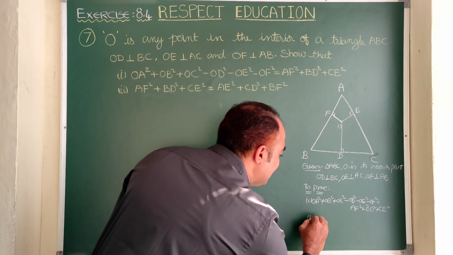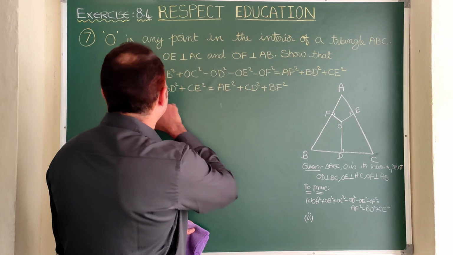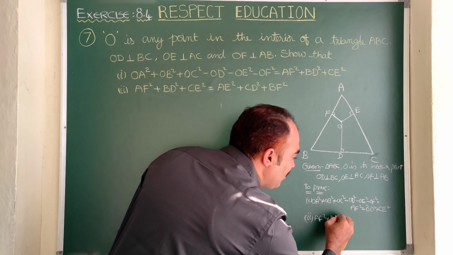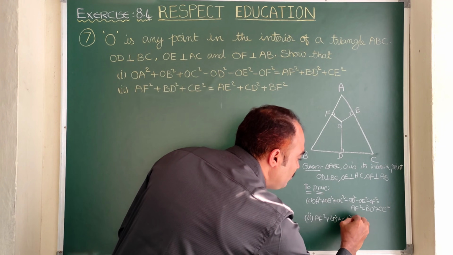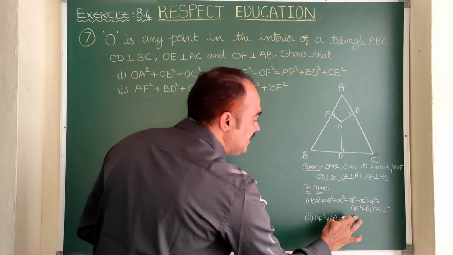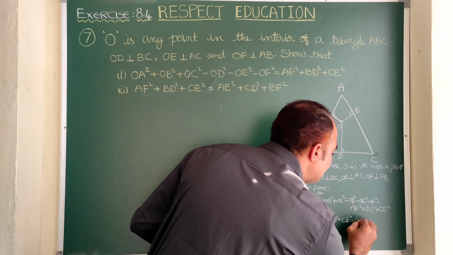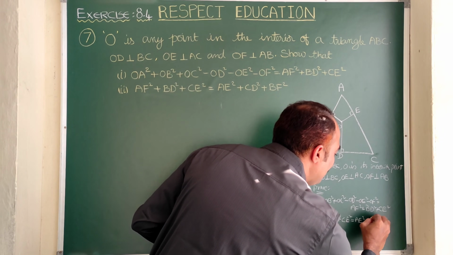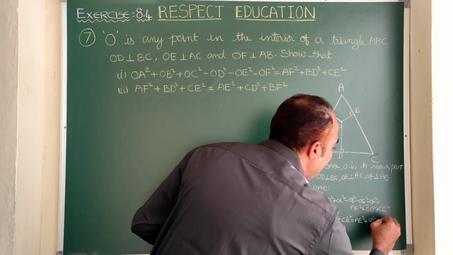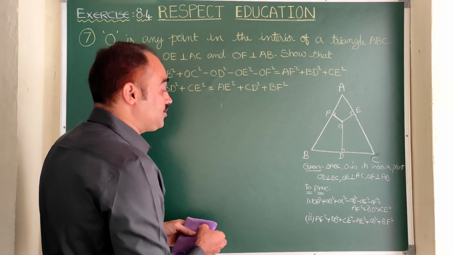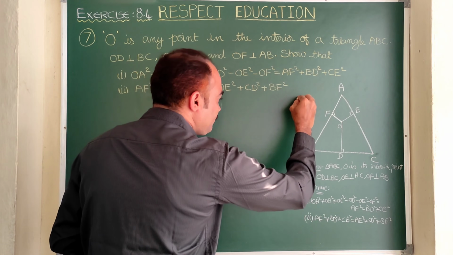And the second bit is AF square plus BD square plus CE square should be equal to AE square plus CD square plus BF square. Right? Now let us start its proof.